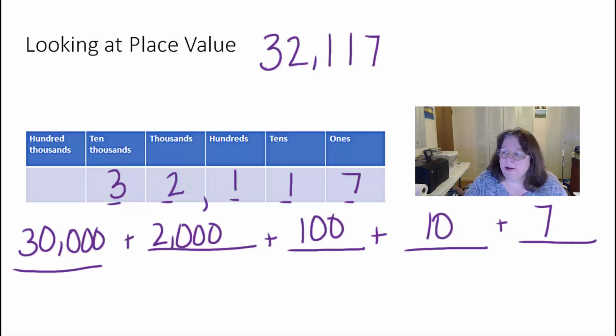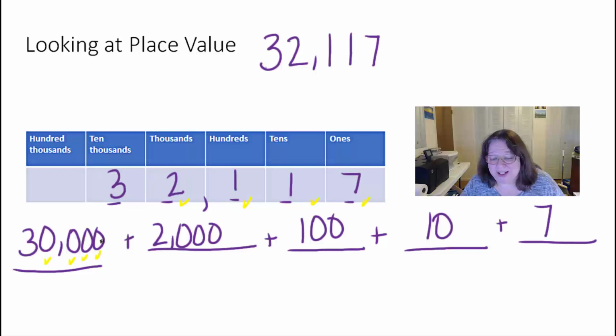Another thing you might notice that I think is very interesting is that when I put the 3 down, I can count how many spaces are left, and that is how many zeros I will write. So I've got my 3, and then I've got 1, 2, 3, 4 spaces left. 1, 2, 3, 4 zeros.